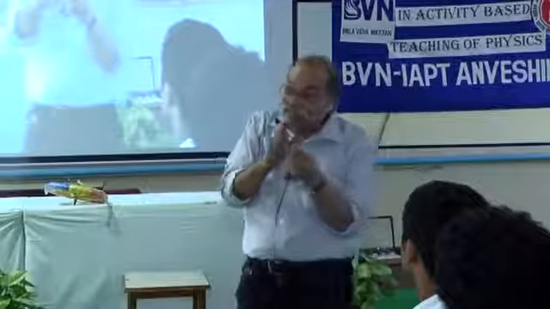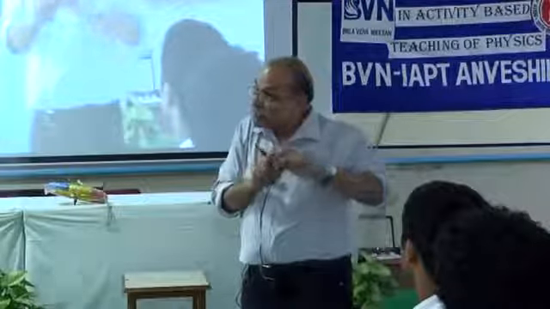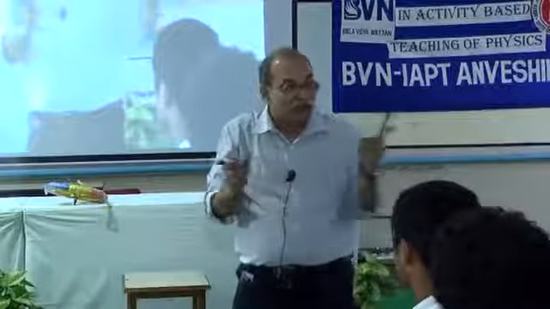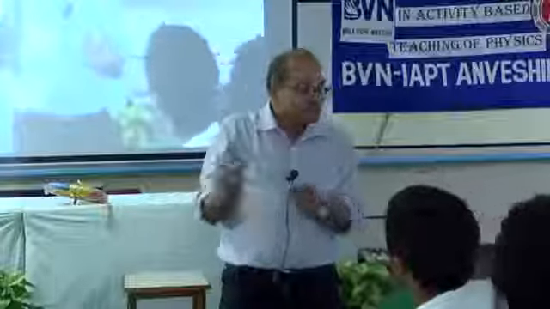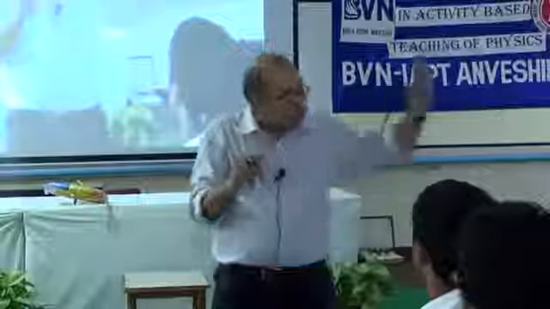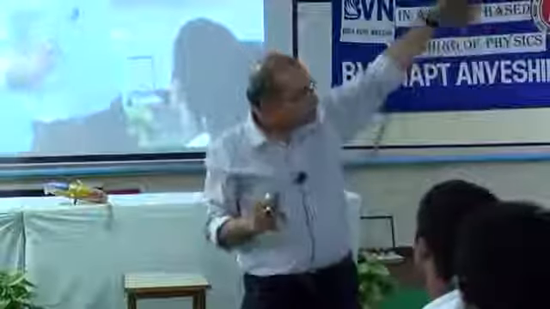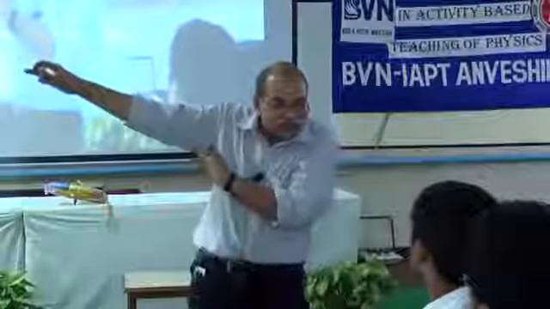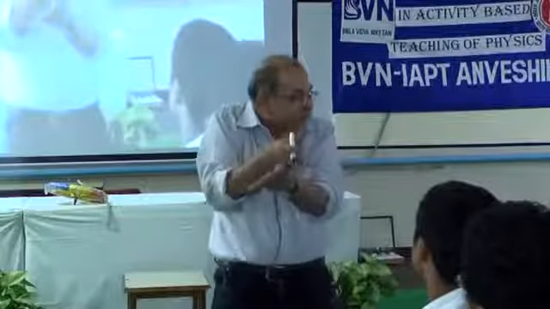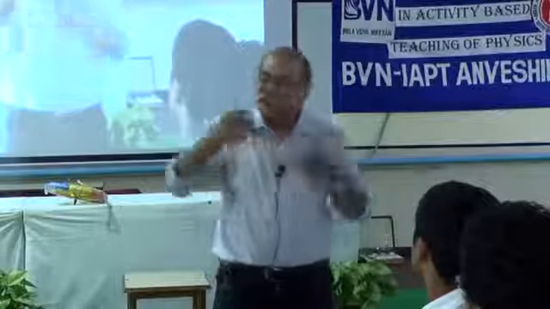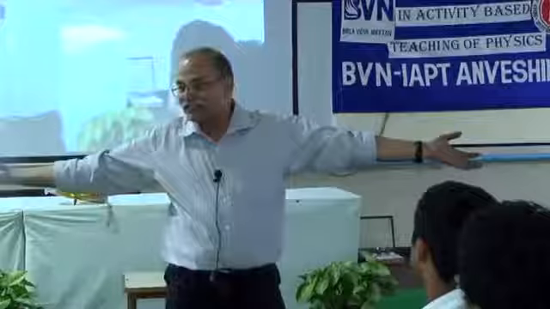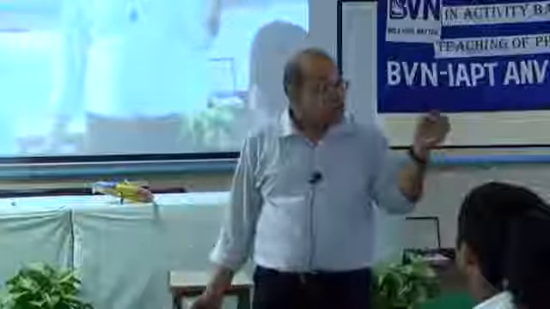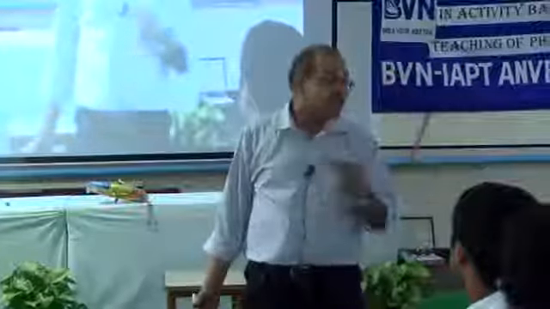But if I take time t1 and my time t2 is much later, in all probability I am not on the same wave train. t1 is on this wave train and t2 is on some other wave train which was behind. This wave train has gone, its tail has also gone, and another wave train is now at this x. This wave train and that wave train do not have any phase relationship; they are independent of each other. So omega into t2 minus t1 will not be the phase difference in that case.